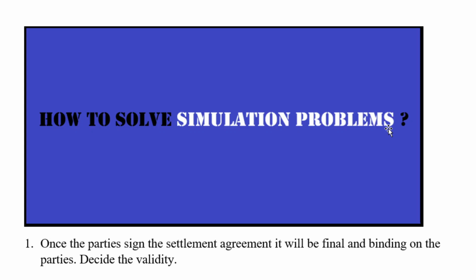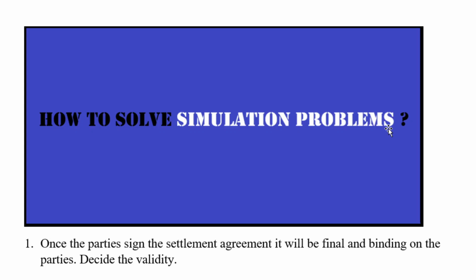As you know, you have only internals, that is, you are required to write internal 1 and internal 2, each for 30 marks. Totally 60 marks. And the simulation problem is for 40 marks.